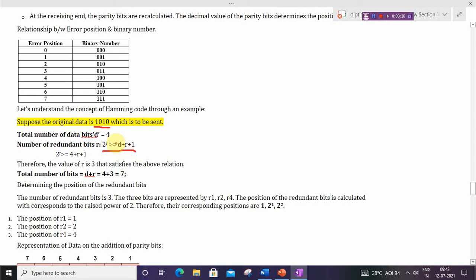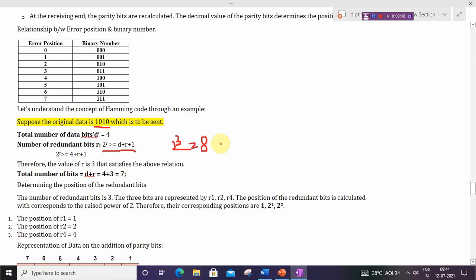Then here R will be 3. So 2 to the power 3 is 8. So 8 is greater than or equal to 4 plus 3 plus 1. So here the redundant bits will be 3.